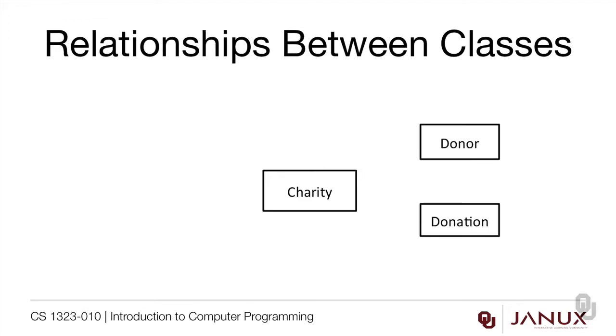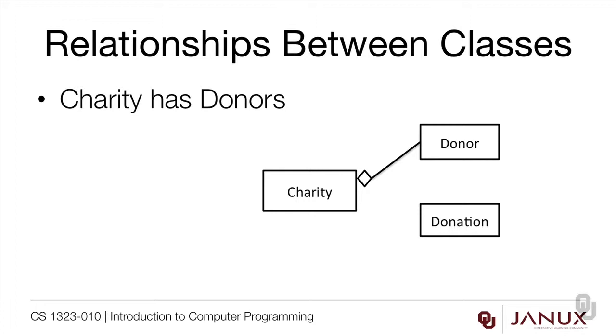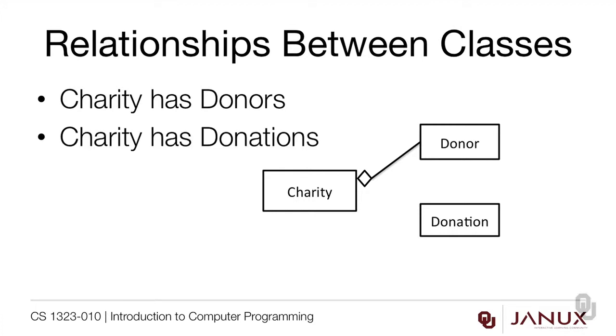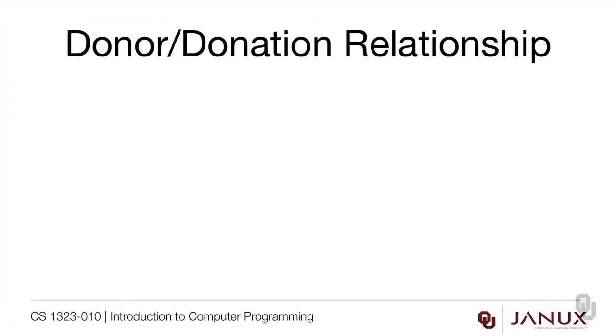Let's think about what our relationships between classes are now using the classes that we have. Well, a charity has donors. So that means the relationship between charity and donor is an aggregation relationship. A charity also has donations. So that means the relationship between charity and donations is also aggregation.